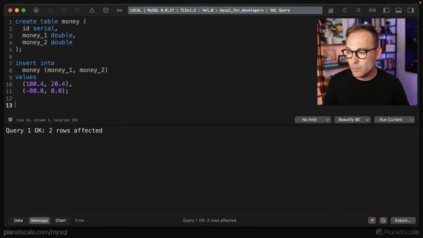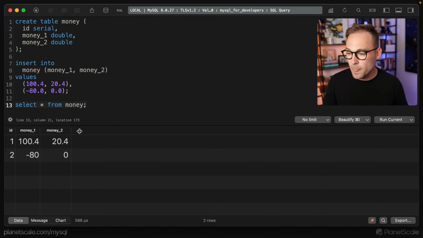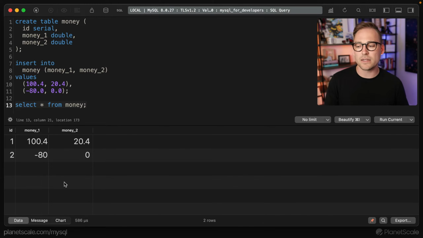If we run that and then read it back, select star from money, we use our very powerful brains and ask what those rows sum to. Well, they would both sum to 20.4, right? So 100.4 less 80 is 20.4, and 20.4 plus 0 is 20.4. That makes sense to me. Is that what is going to happen?